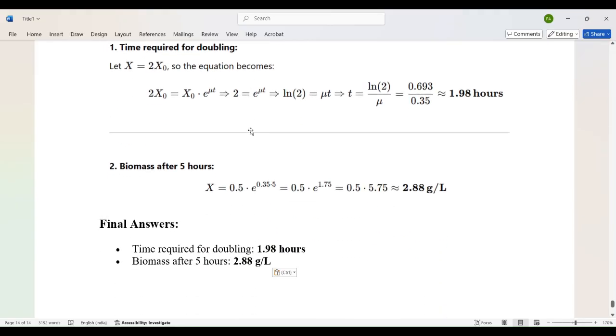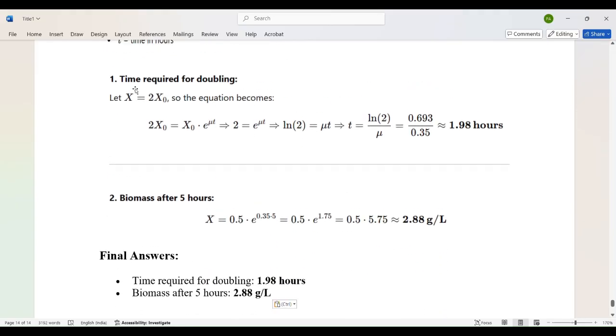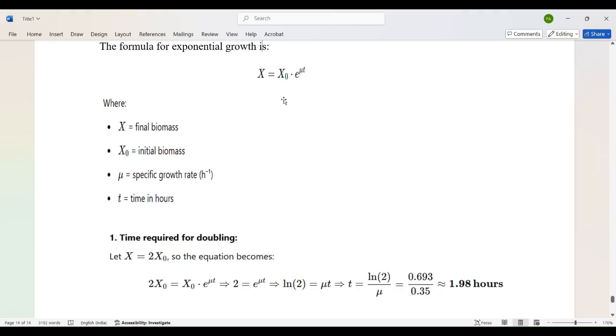Now we need to consider the time of doubling. My final population will be double of the initial. So 2x0, x that is final, is double of initial, that is x0. Now I can write my equation, you see here, x equals 2x0.